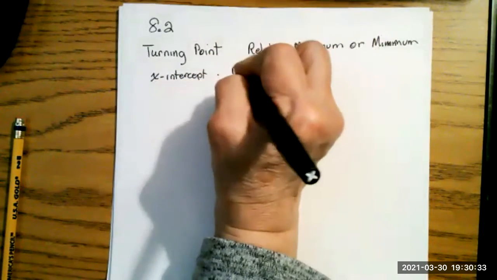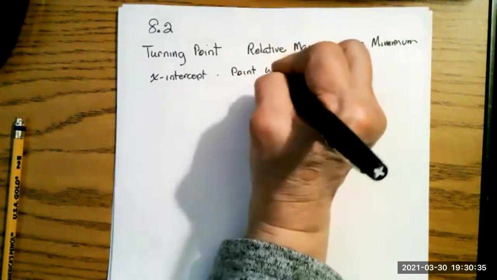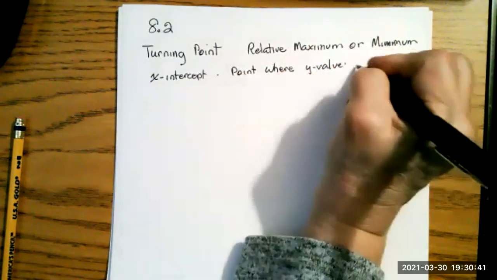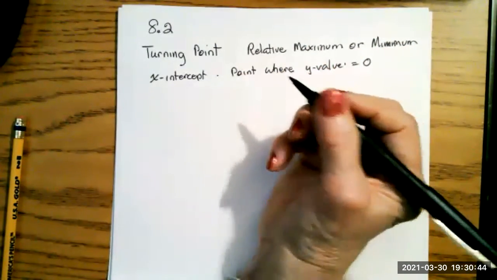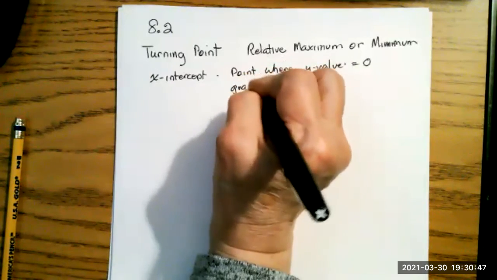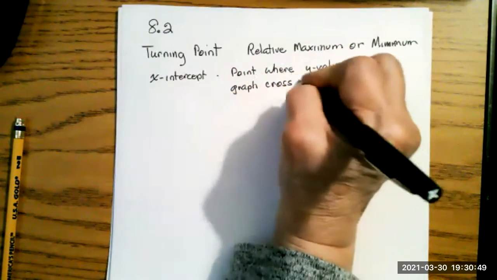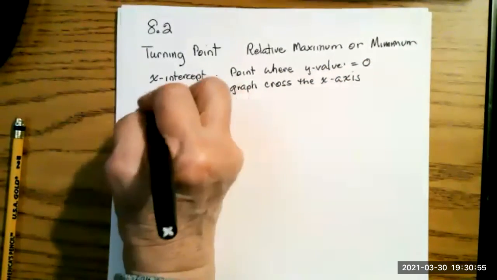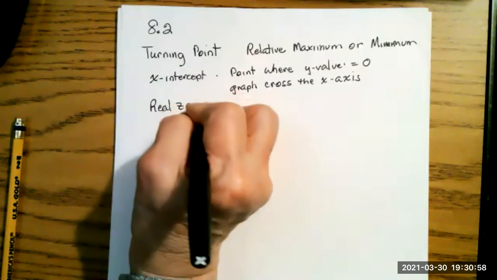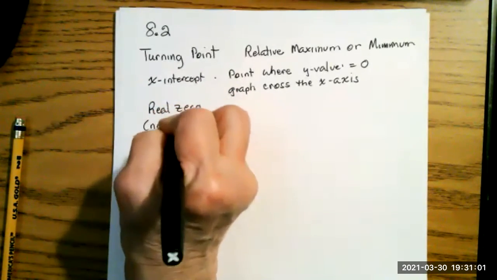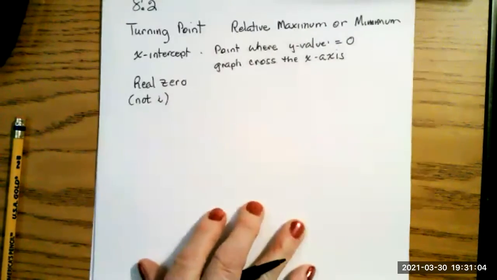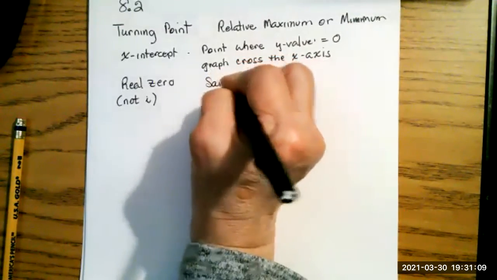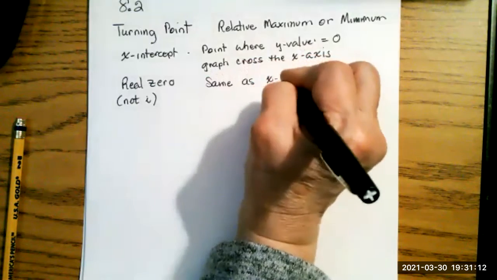It's the point where the y value equals 0 and the graph crosses the x-axis. That's the x-intercept. And then real zeros. Those are things that are not i's. So we won't have to worry about using the quadratic formula because these are only real zeros here. This is the same for our information as the x-intercept.